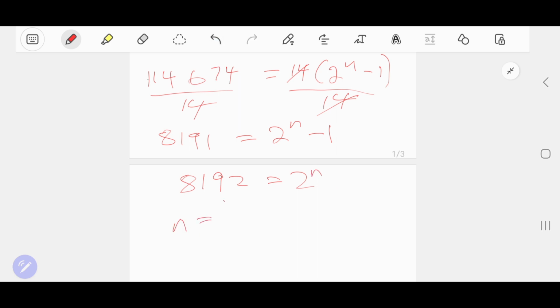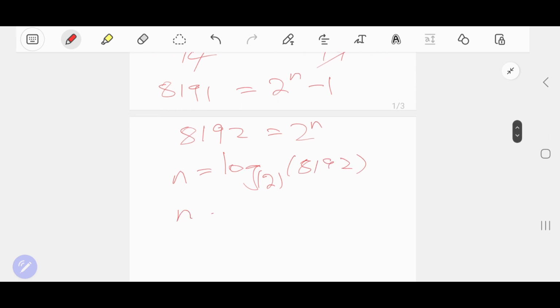So my n is going to be log, the base is going to be 2 in this case, and the number is 8192. And then my n, using my calculator, is going to be 13. So I got my number of terms, 13 in total.